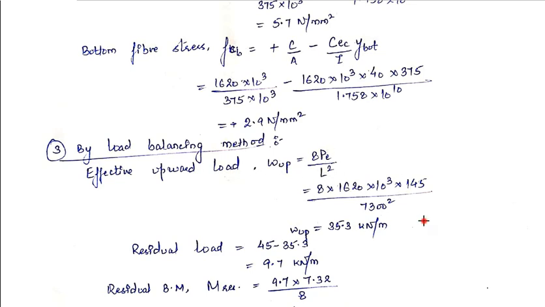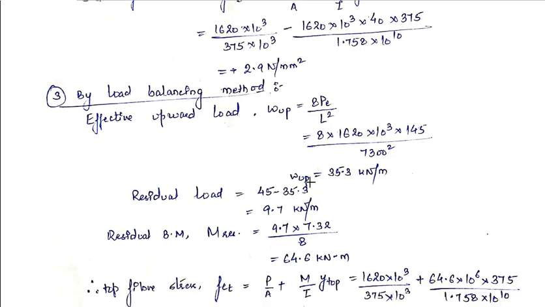So after putting the values, we can find out the value of the upward load, that is 35.3 kilonewton per meter. Now the downward load which is externally applied was 45. So this 45 is acting in the downward direction, and this 35.3 is acting in the upward direction.